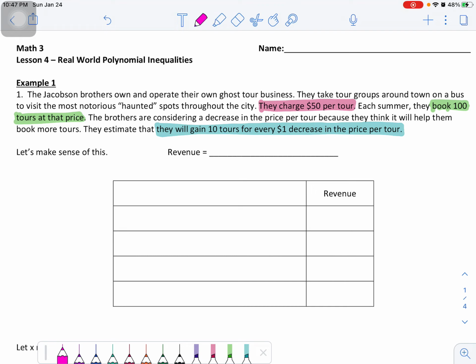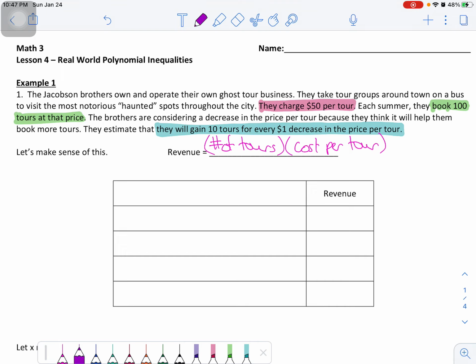In the case of this problem, revenue is going to be the number of tours times the cost per tour. Okay, so if we put this into what's going on right now.